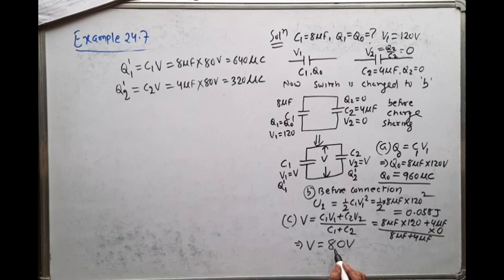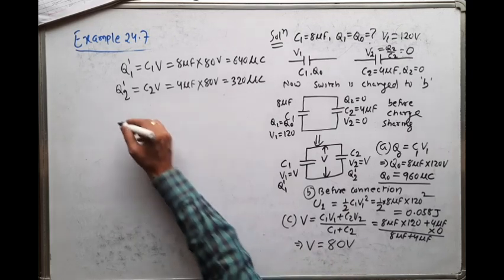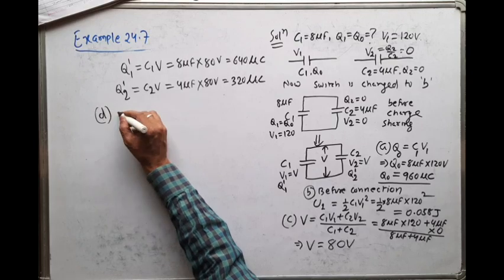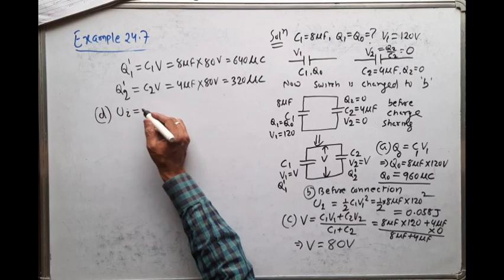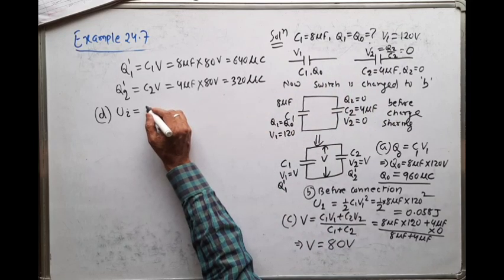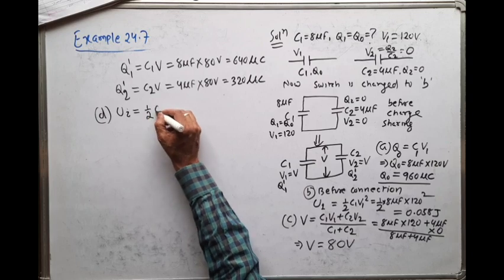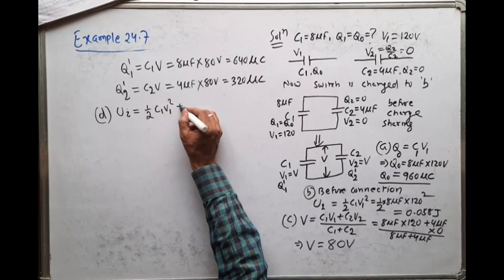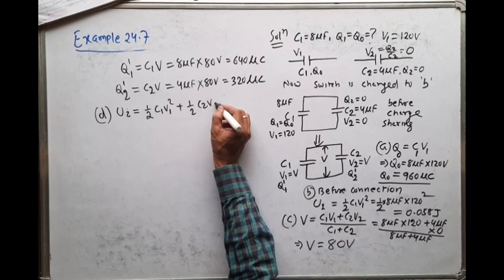Okay. Next, you have to find the initial energy stored, that is, the energy stored before combination. First, the energy stored by the first capacitor, half C1 V1 square, and the second capacitor, half C2 V2 square.